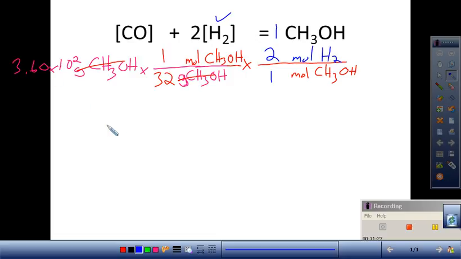Okay, again, I'm going to change that to 360. And I know that because 3.60 times 10 to the second. I move that decimal over 2 spaces. So if that number just got larger, that has to get smaller. And 10 to the 0 is 1.